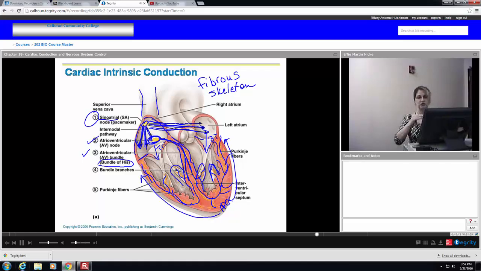Those gap junctions allow the cells that are touched by a part of this conduction system to pass that electric current through the flow of ions into the adjacent cells, so that all of the heart does depolarize and contract as it should as a functional unit.